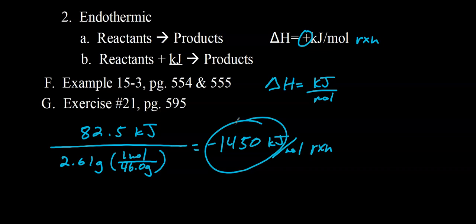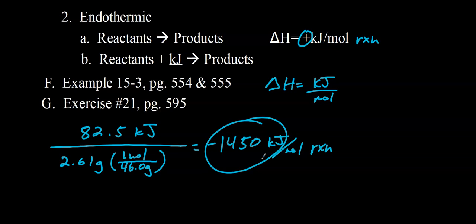Meaning, how much energy is released if 2 moles of carbon dioxide is produced? Well, 1,450 kilojoules. 1,450 kilojoules of energy is released per 3 moles of water vapor that forms. Or it says liquid water, but water that forms. So keep that in mind. This is a constant, relative to the moles of reaction involved in the reaction.